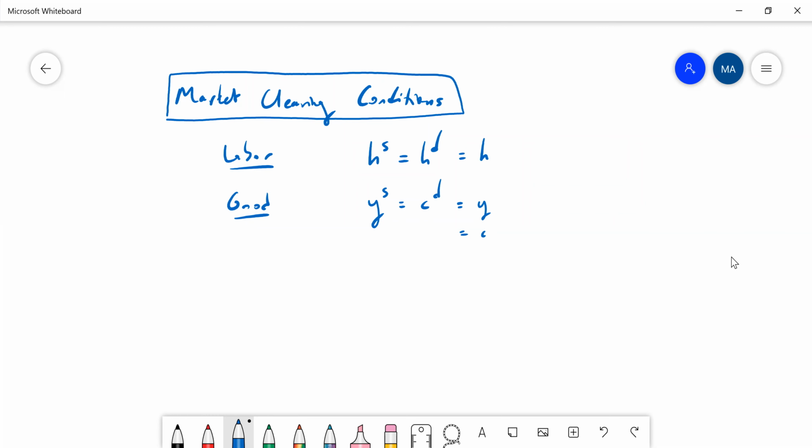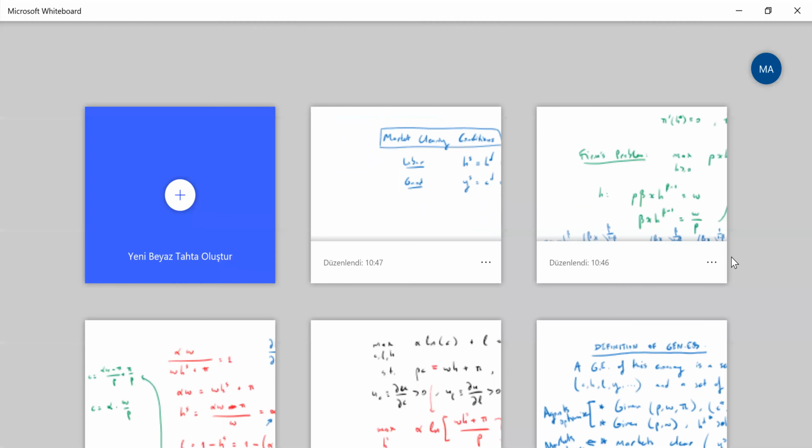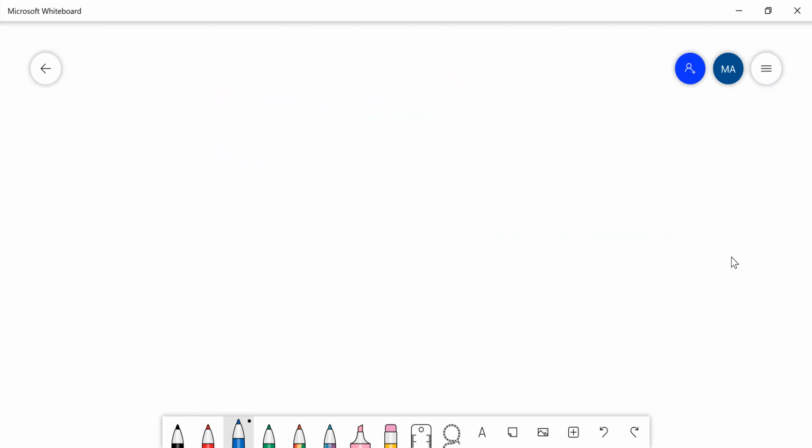Now let's count how many endogenous variables and exogenous variables we have. We have H, we have L, we have consumption, we have profit, and we have output. We also have prices.